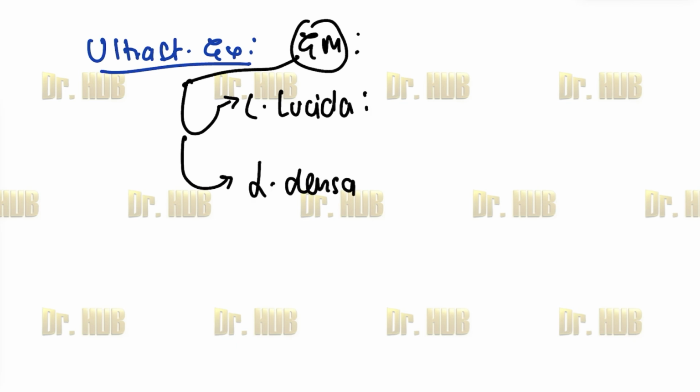So what is lucida? Lucida is the upper, less electron dense layer.